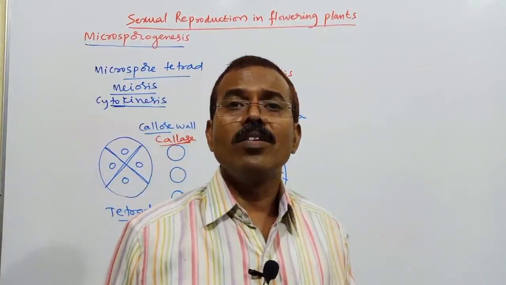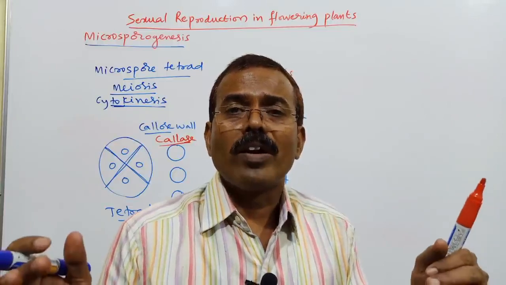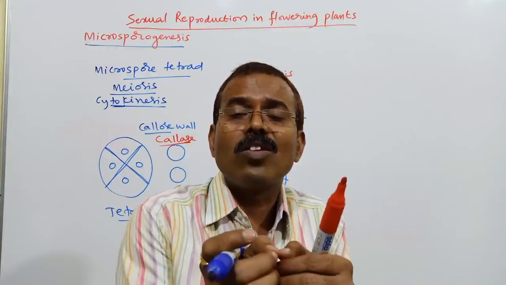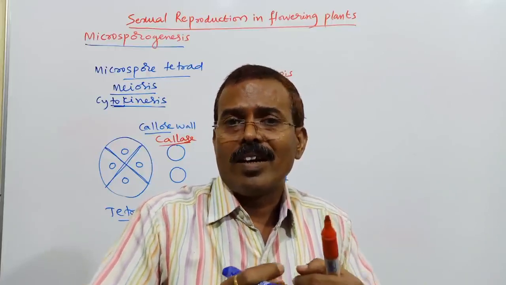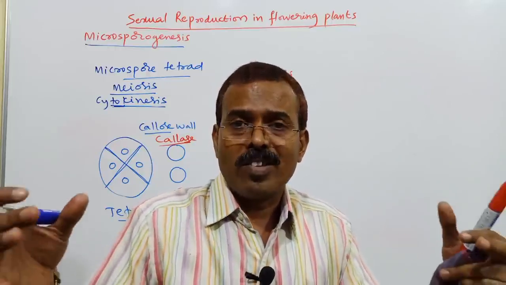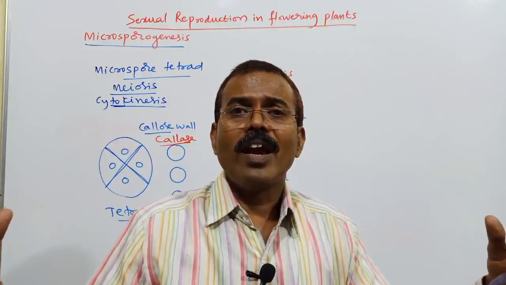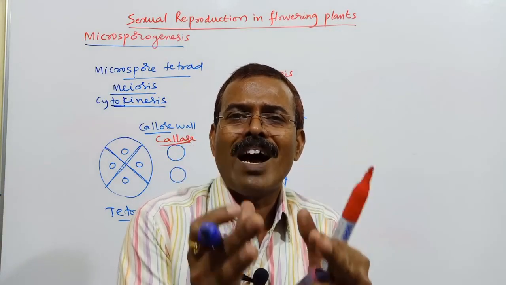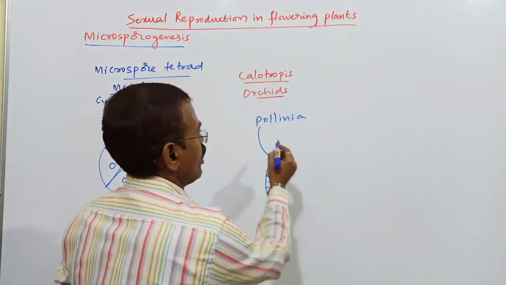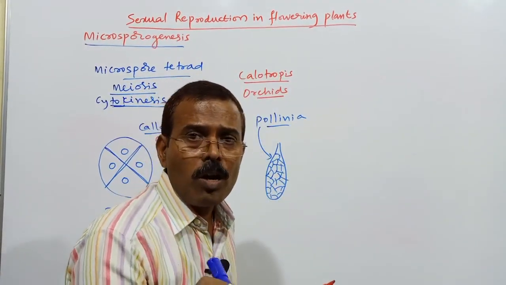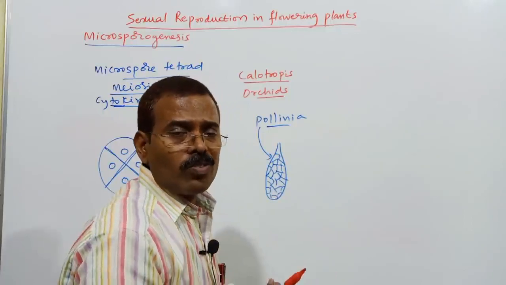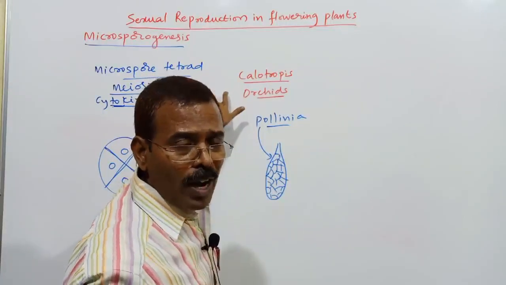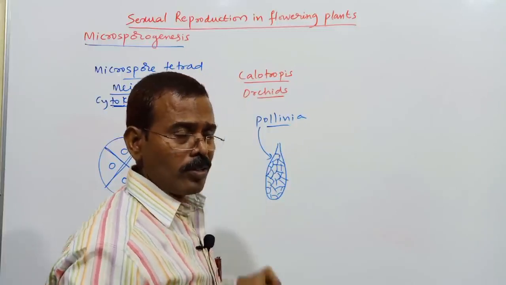Pollinia is the mass of pollen grains. All the pollen grains do not get separated and dusted as loose powder. Instead, they adhere together to form a single mass that we call pollinia. Pollinia is plural, pollinium singular. So you can see this kind of structure in Calotropis and orchids, keep it in mind.